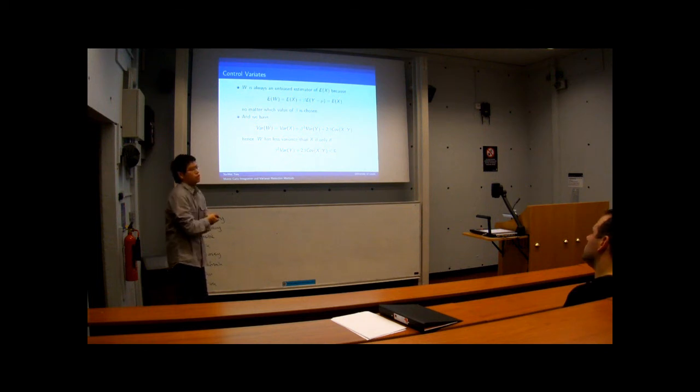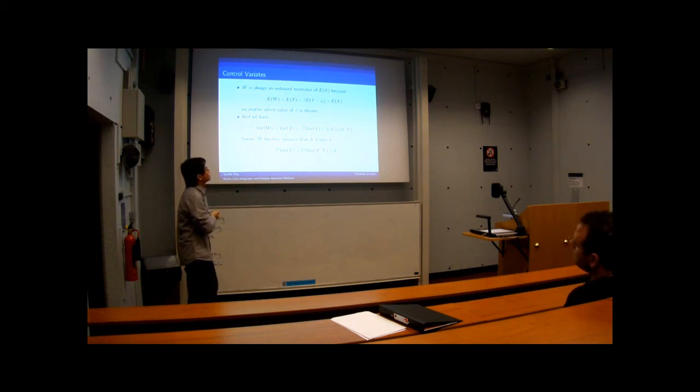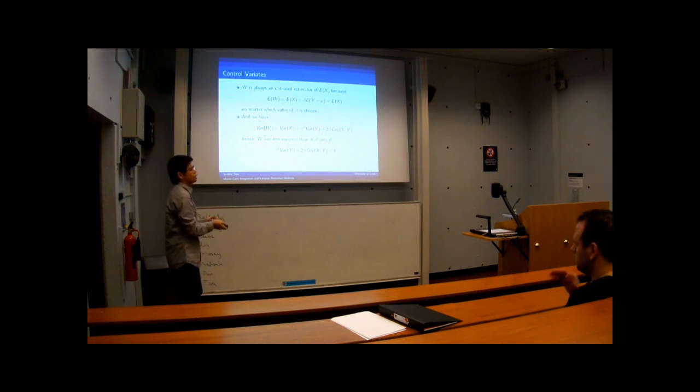And the variance of W, we can compute, the answer is here. If these two terms, beta squared times variance of Y plus 2 times beta times covariance of X and Y, are negative, then variance of W will be smaller than or equal to variance of X, which means that we reduce the variance.